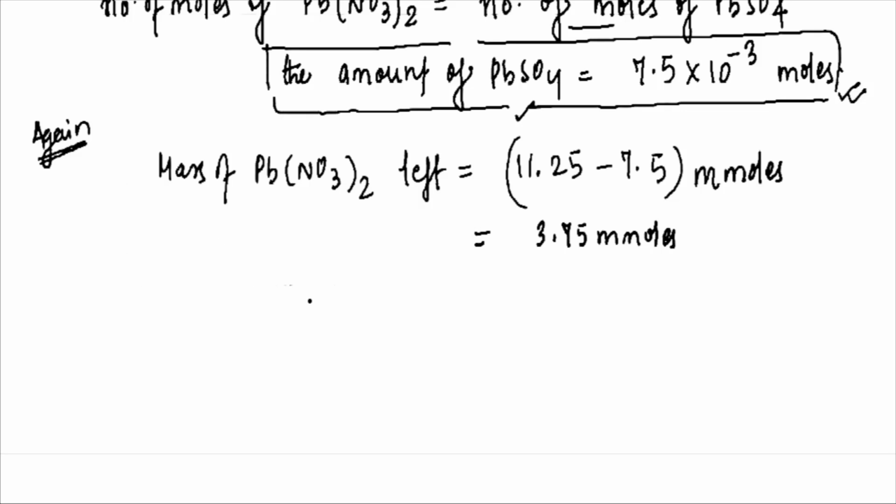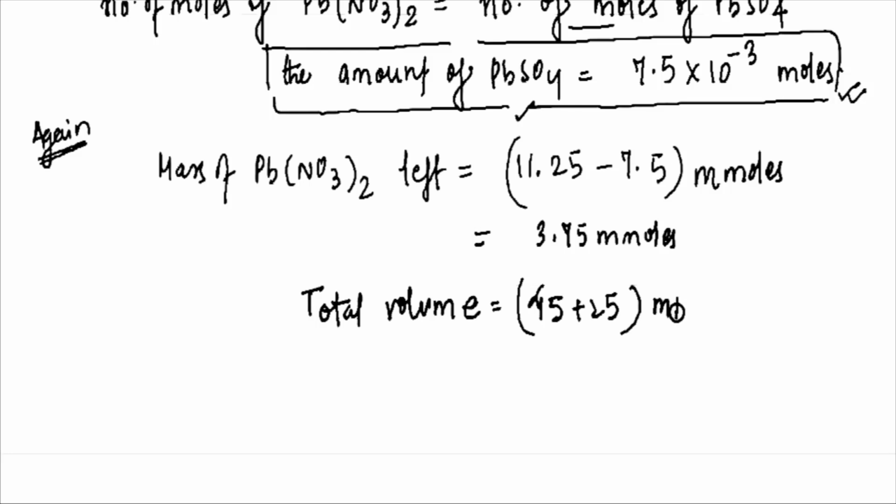Okay, now what we can do is calculate the total volume, right? So the total volume that we have is equal to 45 plus 25 milliliters, right? Now can we calculate the molarity? Yes, we can.